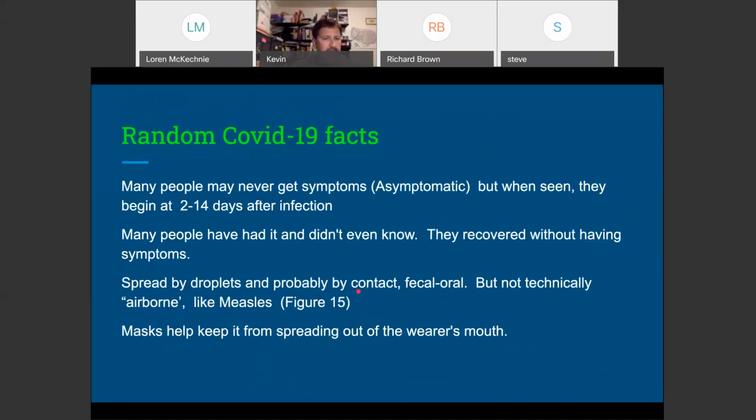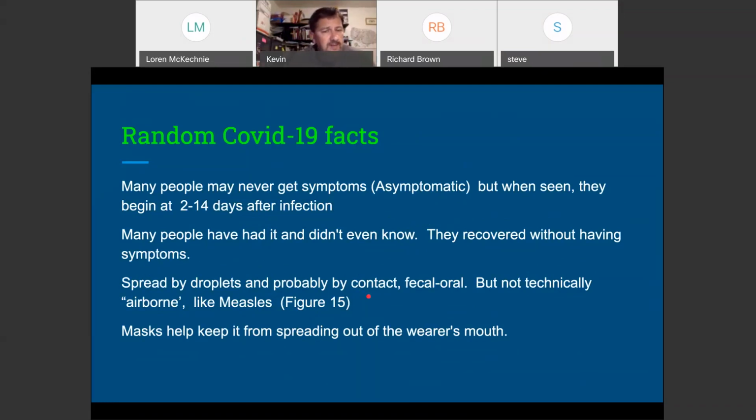It seems to be spread by droplets and then probably by contact, because the little droplets of spit can land on things, can land on your hands, you can rub your nose, and you have microscopic amounts of spit and snot on your hands that you can pass on to other people if you touch them. It's probably passed in the stool too. They've detected the virus in poop, and when we wipe our bottoms and don't wash our hands and go touch doorknobs, then suddenly it's on that.